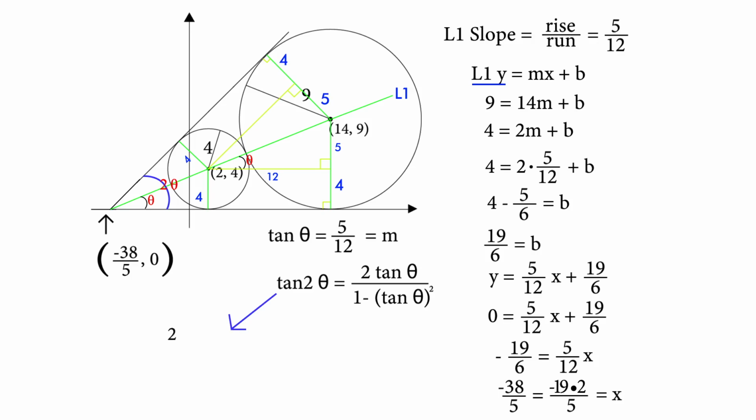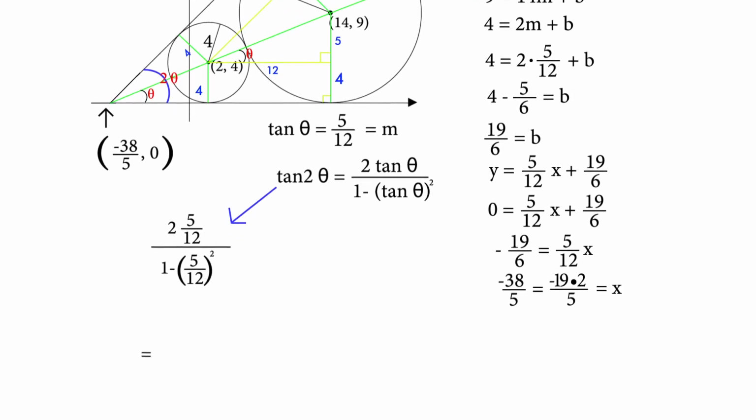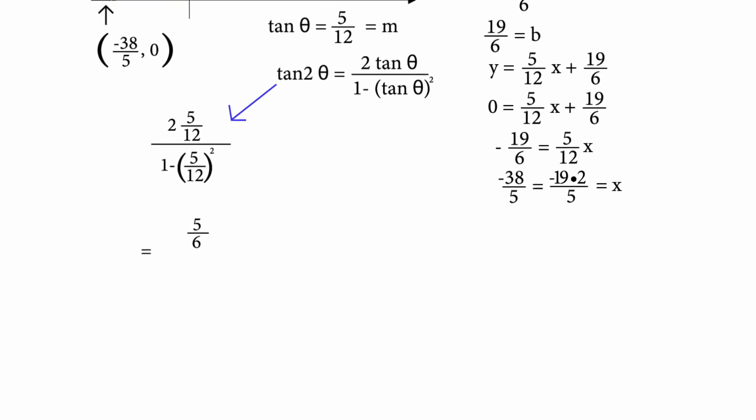So that would mean 2 times tan of theta, which is 5 over 12, all over 1 minus 5 over 12, all squared. And this gives me a value of 5 over 6 over 1 minus 25 over 144. And this is 5 over 6 over 119 over 144.